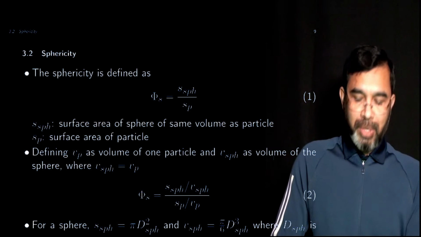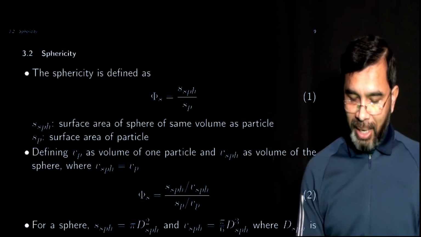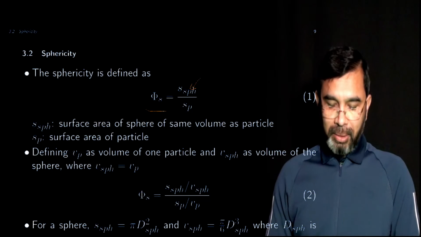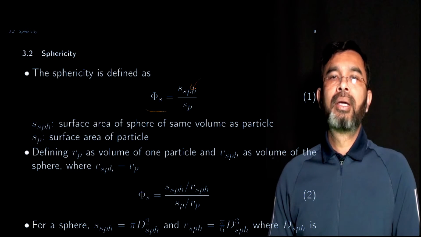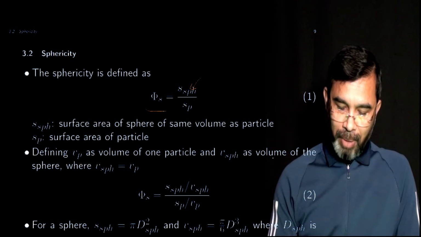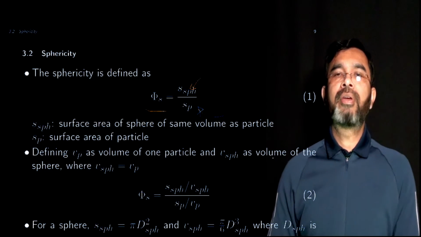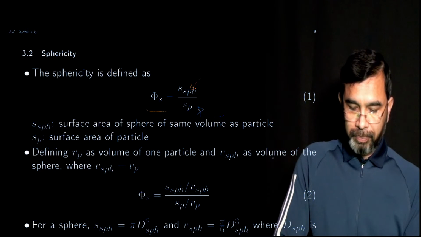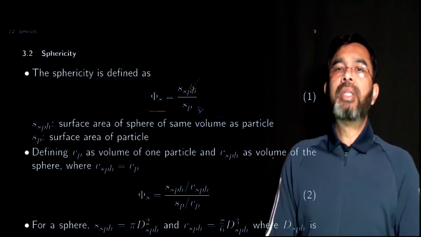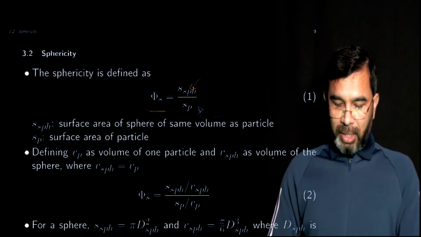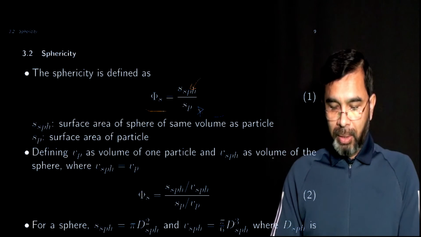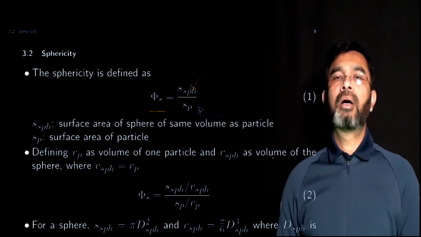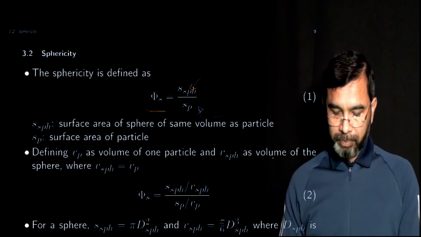The fundamental definition of sphericity is the surface area of a sphere having the same volume divided by the surface area of the particle. Again, the sphericity is defined as the surface area of a sphere with the same volume as the particle divided by the surface area of the particle.